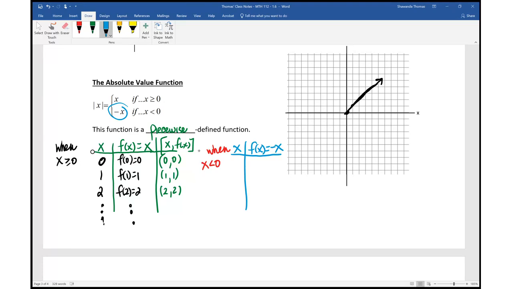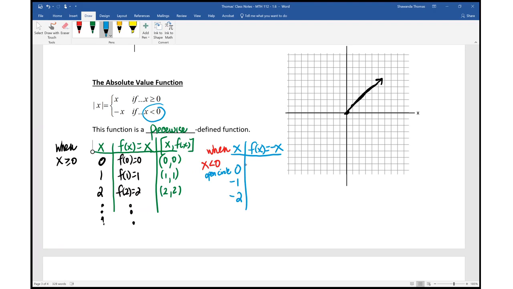Some could be negative 1, and we also have 0. Always plot this point right here, and just put a reminder that it is an open circle. So for 0, put an open circle. And then negative 1, negative 2 are numbers that are less than 0.